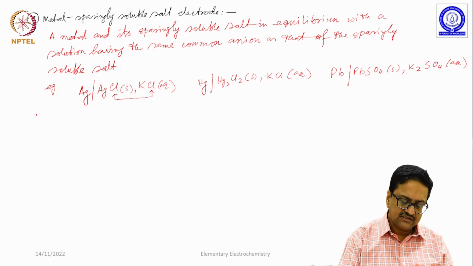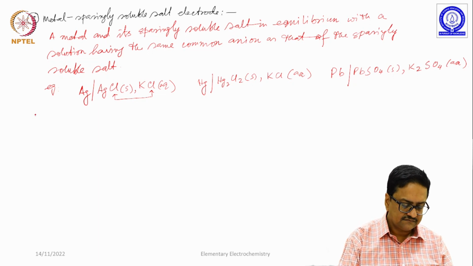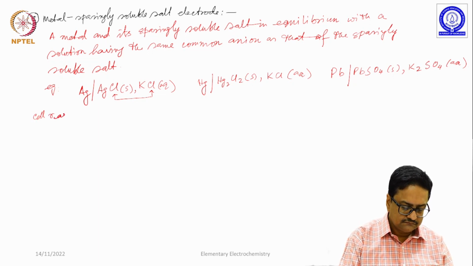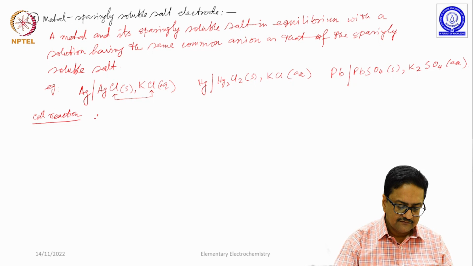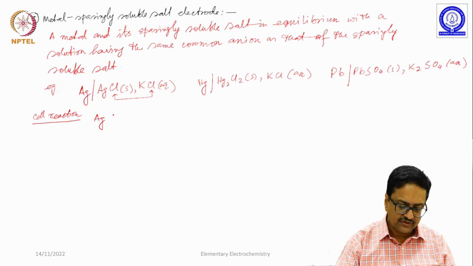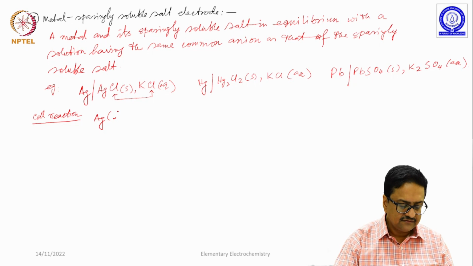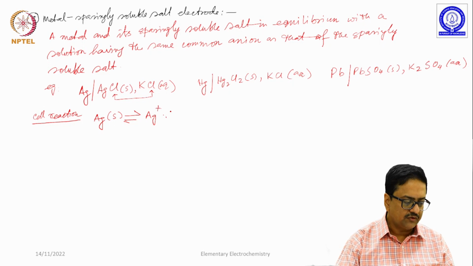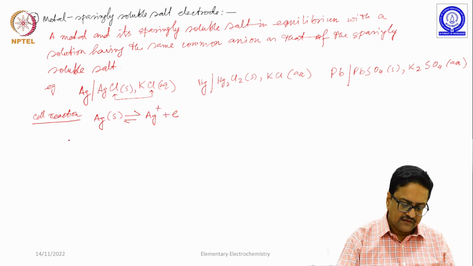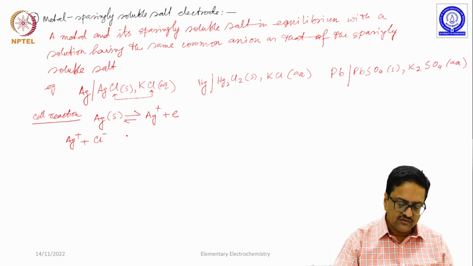So I am writing one of the cell reactions. For this half cell reaction, you will have a set of two reactions. Ag solid comes in equilibrium with Ag plus and an electron, and then this Ag plus reacts with Cl minus from the solution and forms AgCl solid.